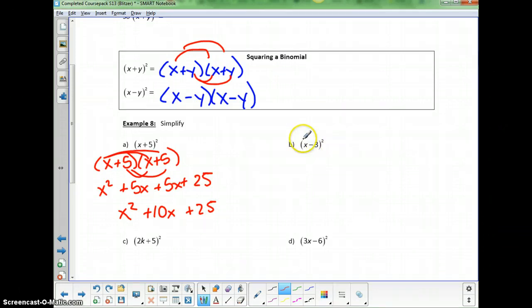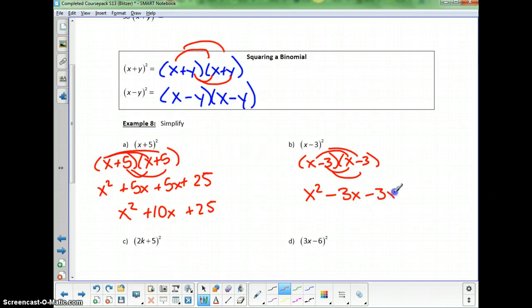Same thing if I've got negative, it doesn't matter. So I've got x minus 3 times x minus 3. Distribute it all the way out, so x times x is x squared minus 3x minus 3x plus 9. So x squared minus 6x plus 9.